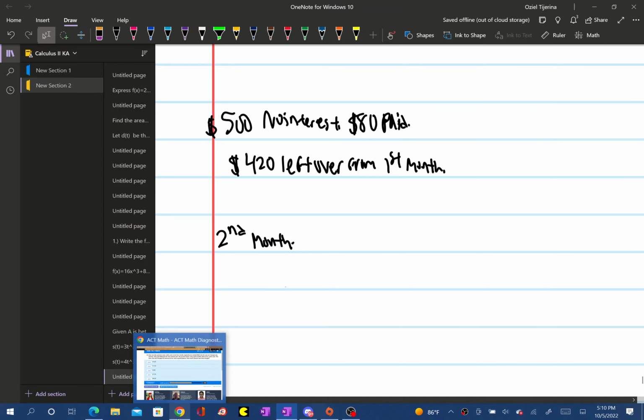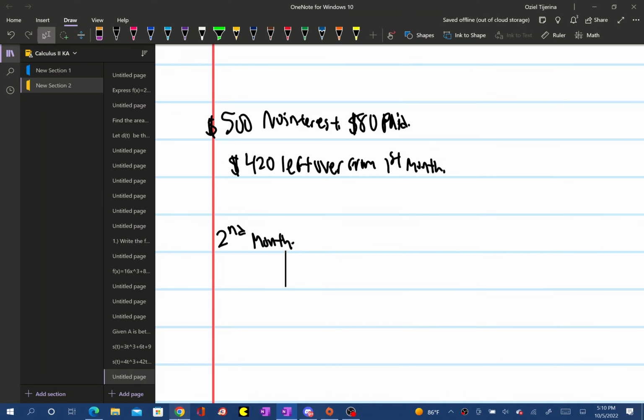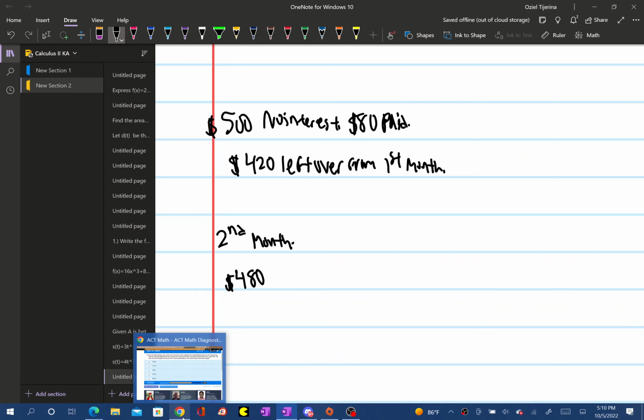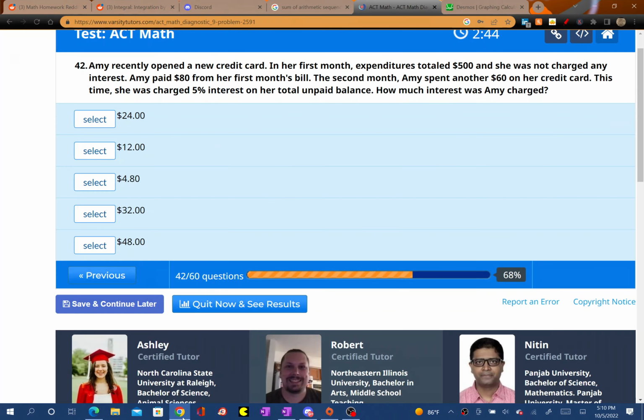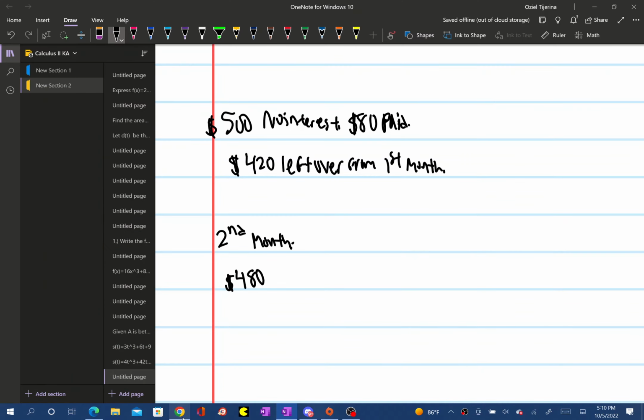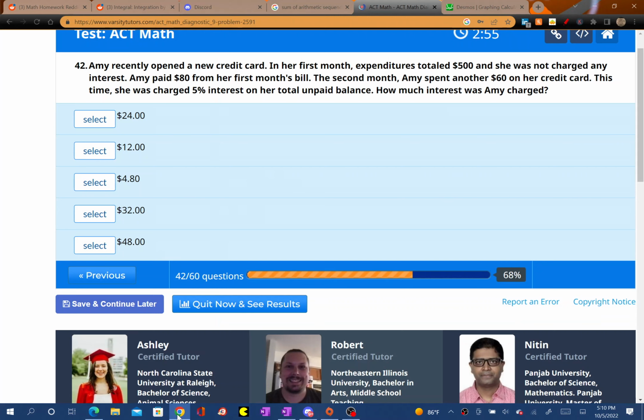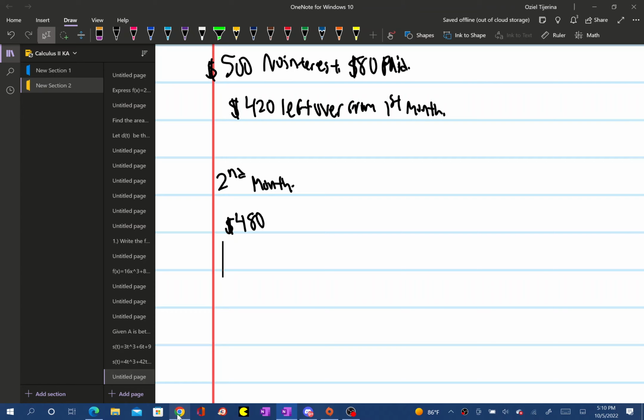she had $420 left over from the first month, and then she decided to spend $60. So if you add 60 to that, she has $480 that she still has, but this time she was charged 5% interest of the total unpaid balance.